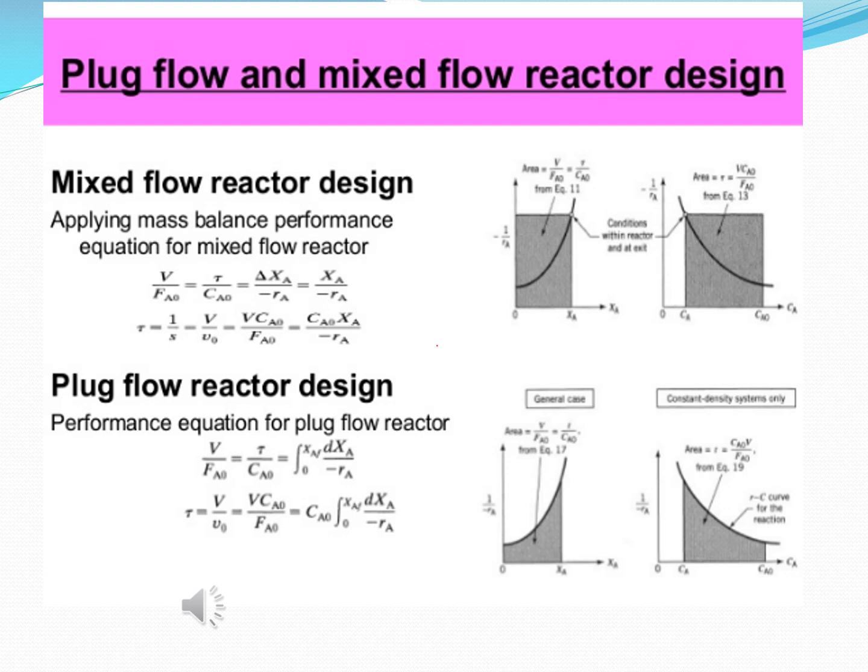For the plug flow reactor we have lower area, and that means lower volume for the same conversion. So for a given conversion, let's say 80% conversion, the mixed flow reactor volume will be higher as compared to the plug flow reactor for the same given chemical reaction.